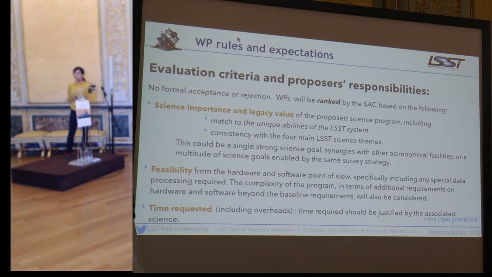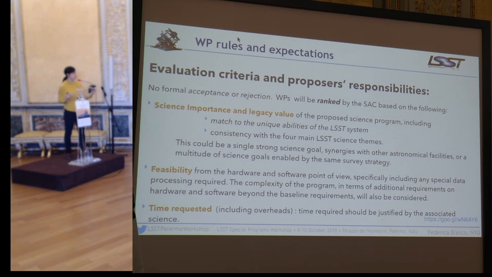And then just so that you have a clearer goal, these are the evaluation criteria for the papers that you may submit: the science importance and legacy value of your survey design, which includes whether it is very specific for a narrow scope or it is a survey that addresses more scientific topics, and also whether it matches the unique abilities of LSST and how well it implements the 4 science goals of LSST.